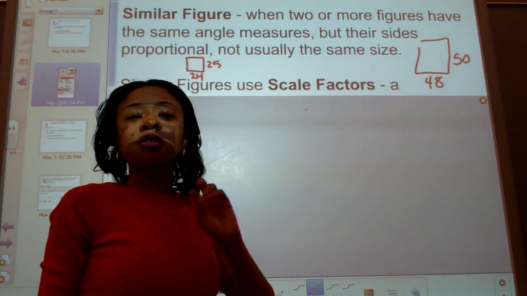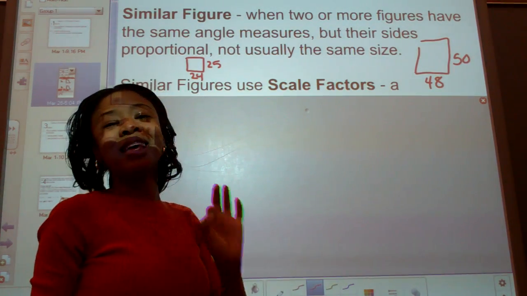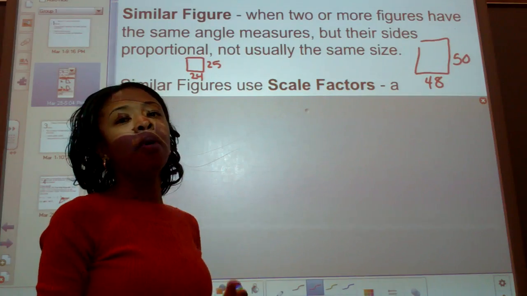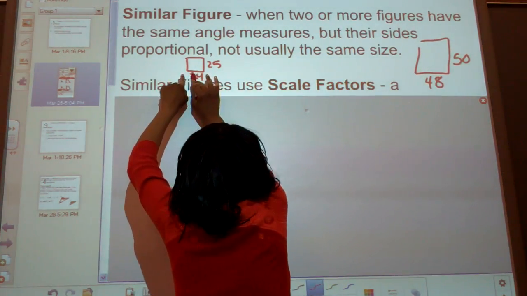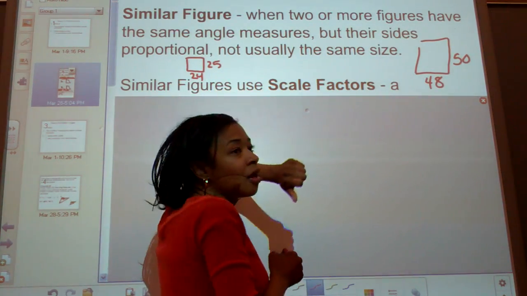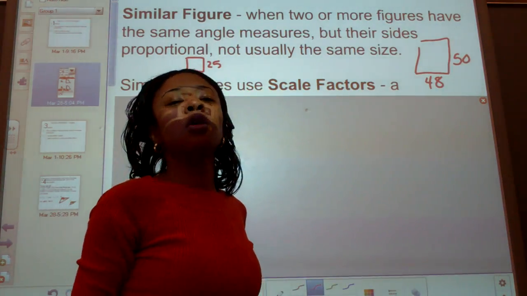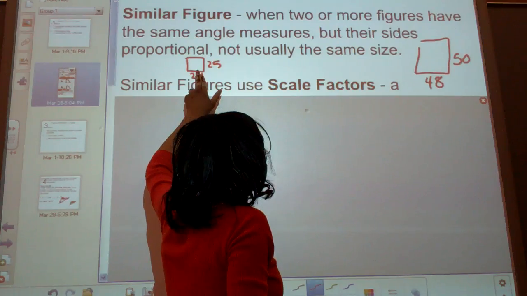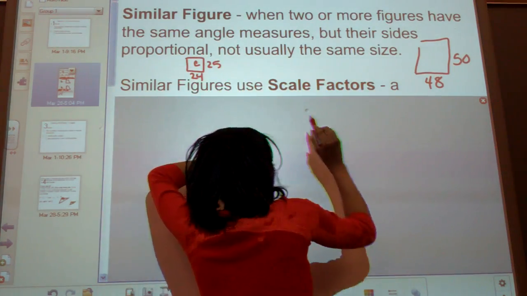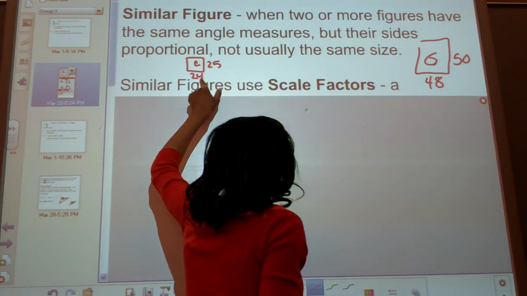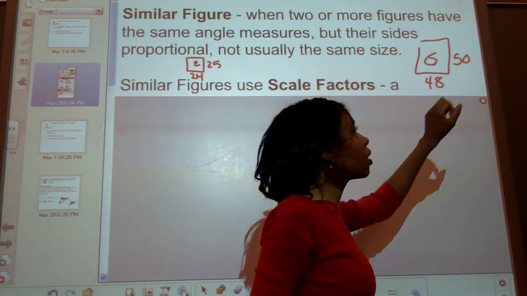Okay? Well, they are similar because they're the same exact shape, but what's different is the lengths are different and the widths are different. I know they're similar because I can see that my classroom is half the size of the gym.